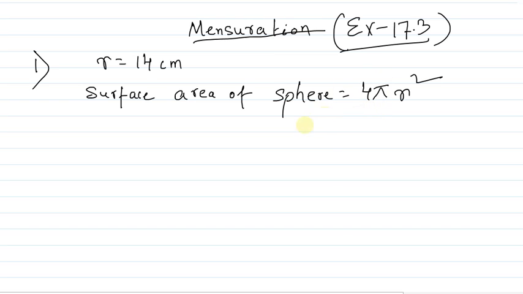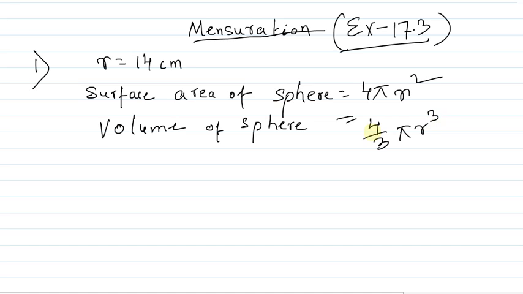This is the formula. And volume, how to find volume? Any idea? Okay, I will tell you. Volume of a sphere is equal to 4 by 3 pi r cube.